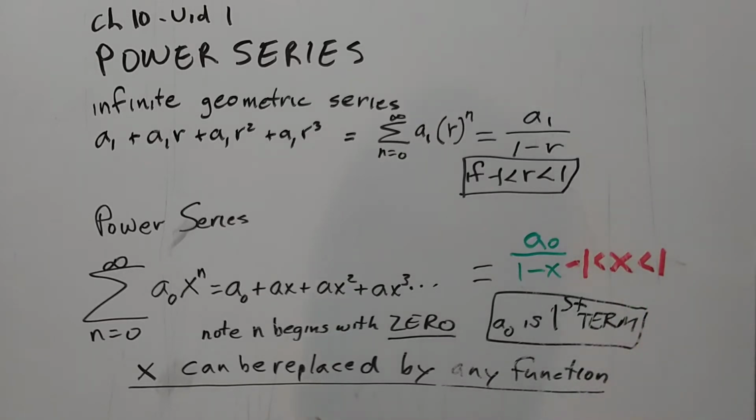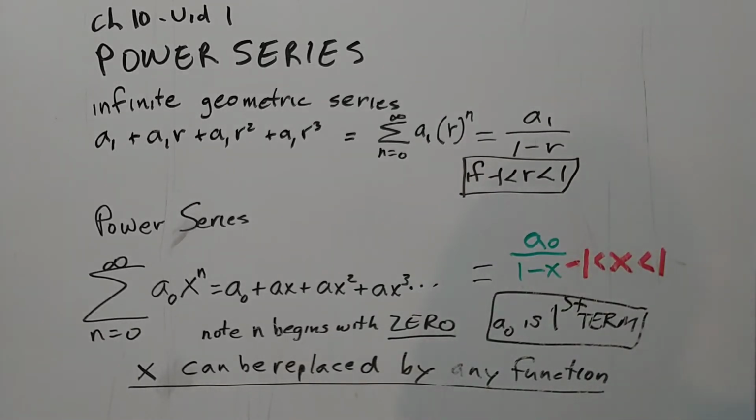Note that in these power series, n is going to begin with 0. A sub 0 is the first term. And we're also going to say that x can be replaced by any function of x. And that will produce a wide range of applications.